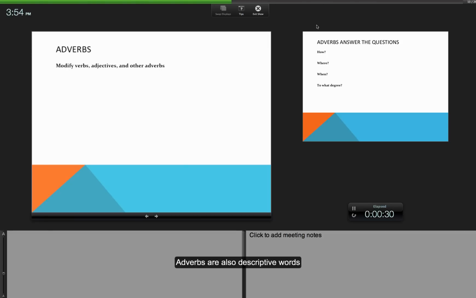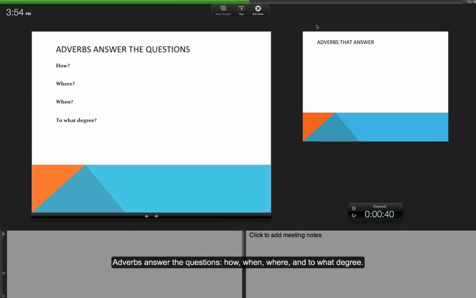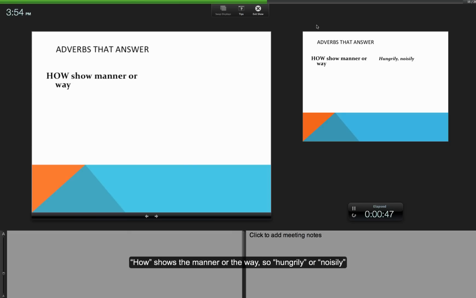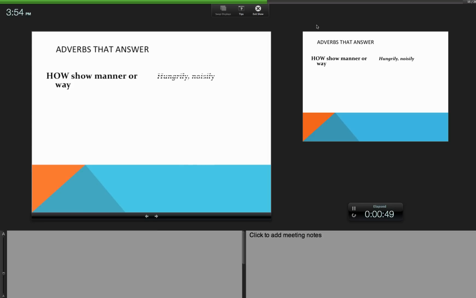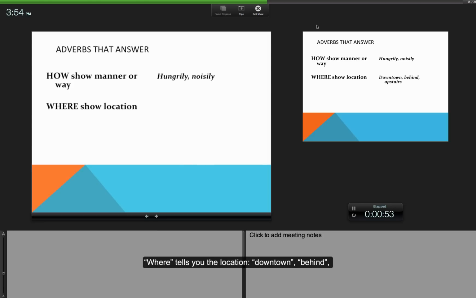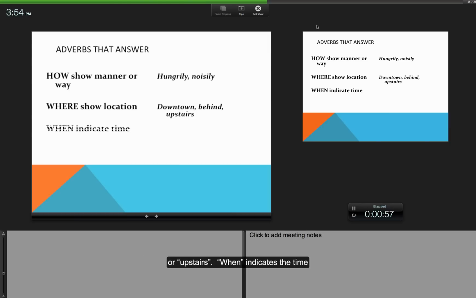Adverbs are also descriptive words, but they modify verbs and adjectives and other adverbs if they need to. Adverbs answer the questions how, where, when, and to what degree. How shows the manner or the way, so hungrily, noisily. Where tells you the location, downtown, behind, or upstairs.